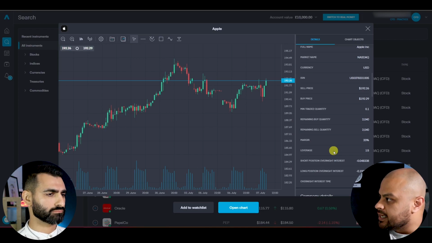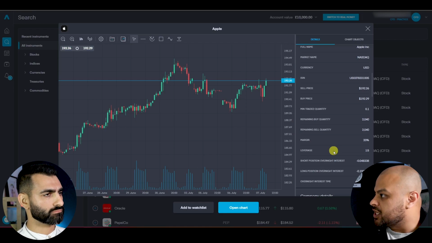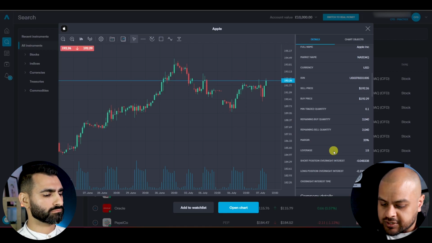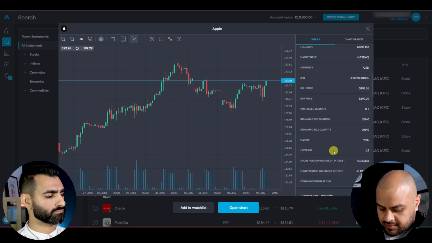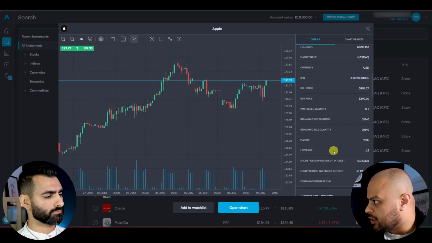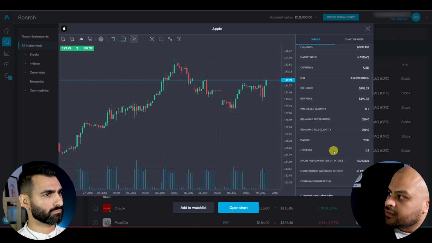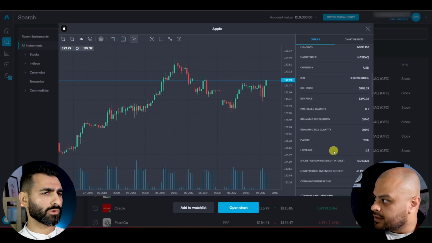What that would mean is you can buy 10 shares of Apple for the price of one share. Because if you buy 10 shares of Apple, you're going to need £1,920 or dollars. But you don't have that. But when you do it on leverage, you can play with 10 shares of Apple, but with the value of one share.